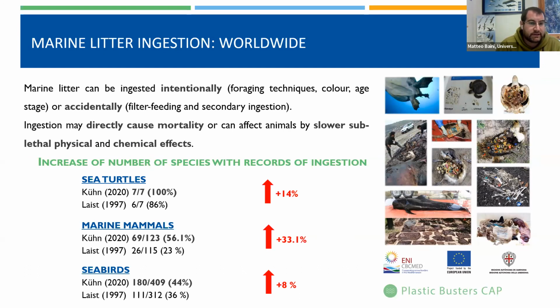Marine litter can be ingested intentionally, during foraging activity, due to the color of the plastic items or the age stage of the animals, or accidentally, if the animals are not so selective in their feeding activities, such as the filter feeders, or through secondary ingestion, if the animals feed on prey that already have plastic in their gastrointestinal tract.